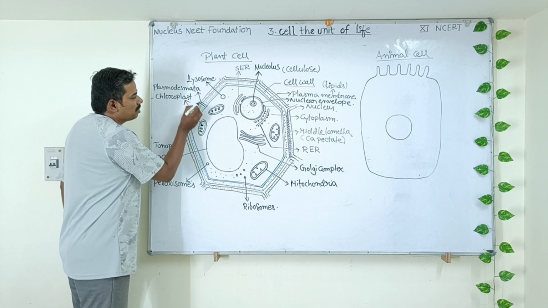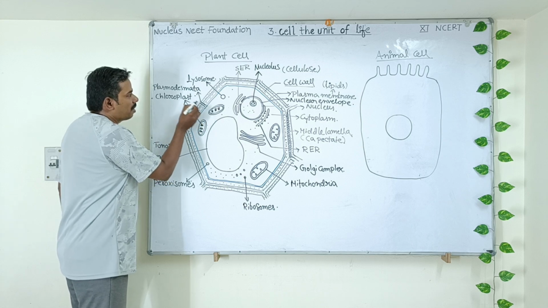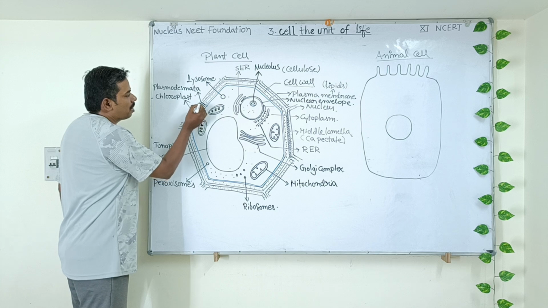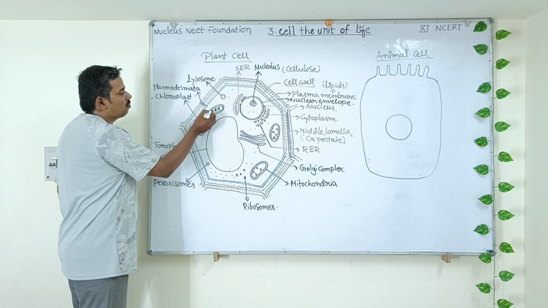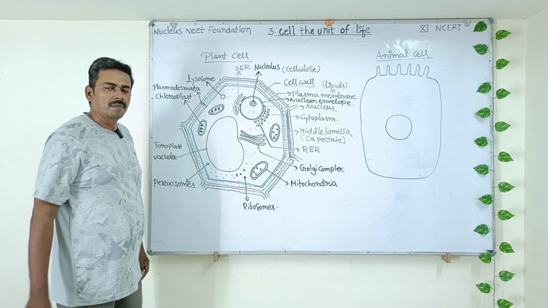The adjacent plant cells will be interconnected by openings called plasmodesmata. Through this plasmodesmata, the molecules can move from one cell to another cell.